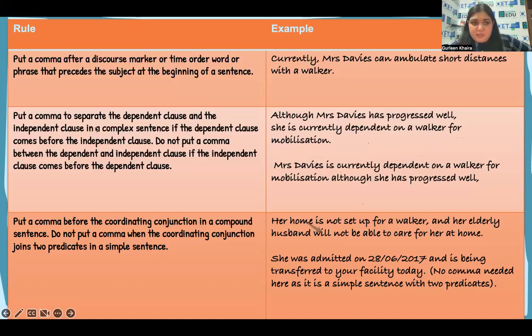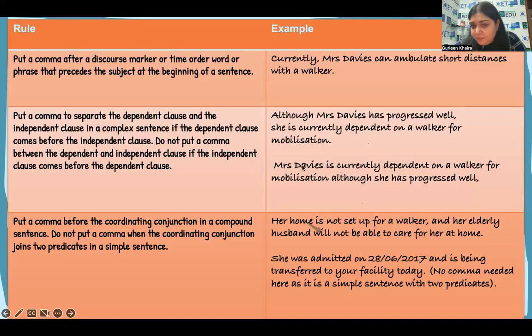Now the rule is put a comma to separate them if the dependent clause comes before the independent clause. So here in this case, the dependent clause comes before the independent clause. That's why we are separating them with a comma. Do not put a comma between the dependent and the independent clause if the independent clause comes before the dependent clause. So if the order is reversed, if this complex sentence starts with an independent clause, then we don't separate them with a comma.